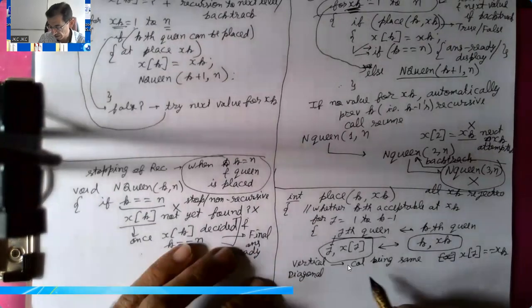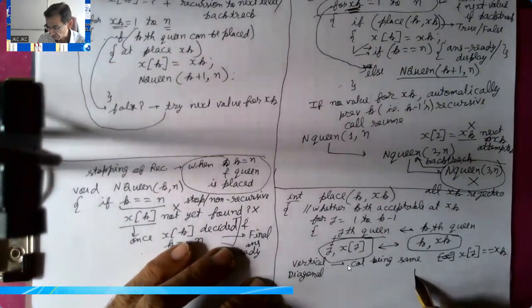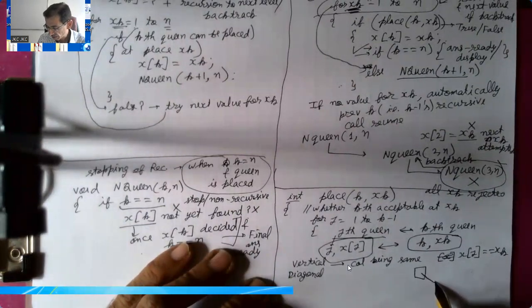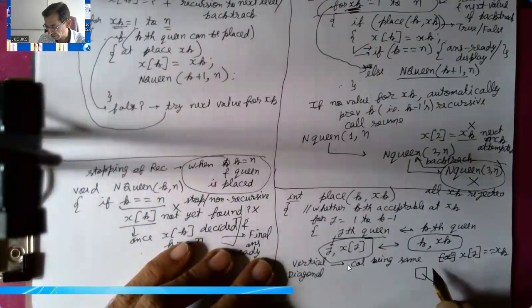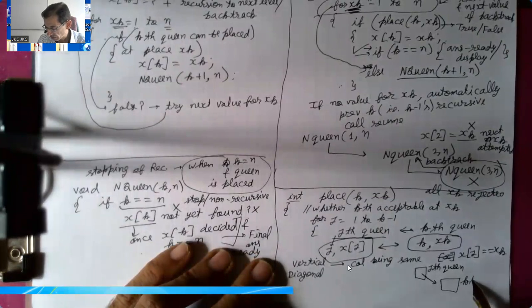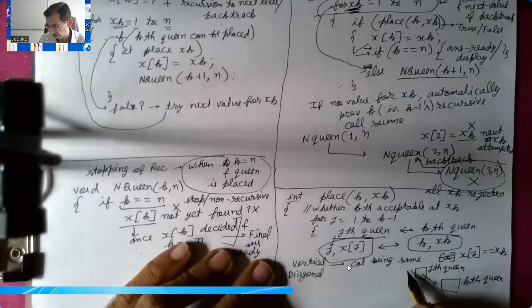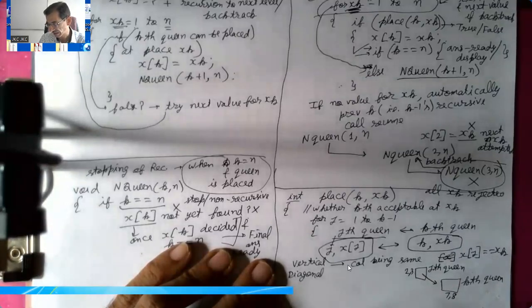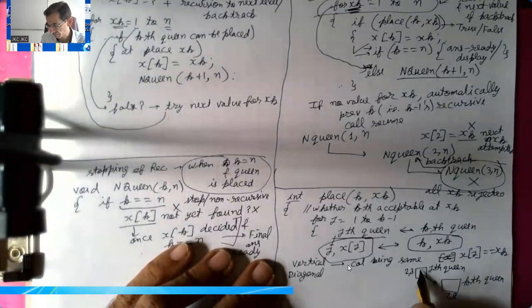In the main diagonal, if the number of rows increases from the jth queen to the kth queen, the increment in rows will be the same as the increment in columns. Like if it was 2, 3 and this is 7, 8, they are in attacking position: 2 minus 7 and 3 minus 8 are the same.